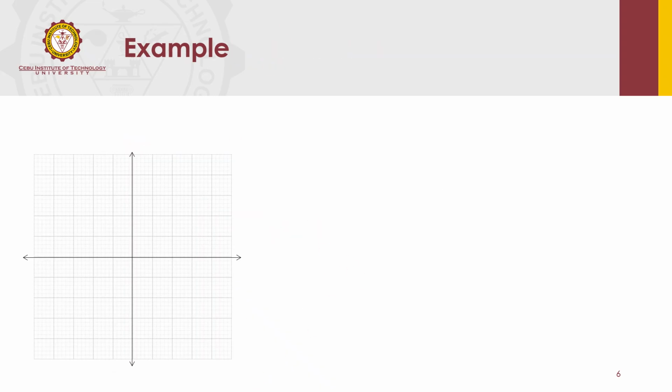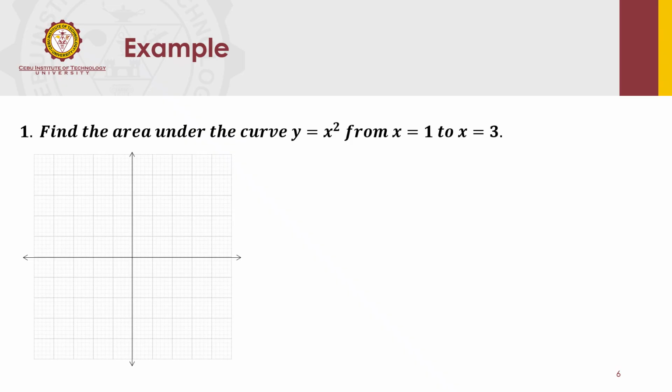So for example, find the area under the curve y plus x squared from x equals 1 to x equals 3. Okay, so let's first draw the given curve. So since only one variable is being squared, this is a parabola. So let's recall the standard equations for parabolas.